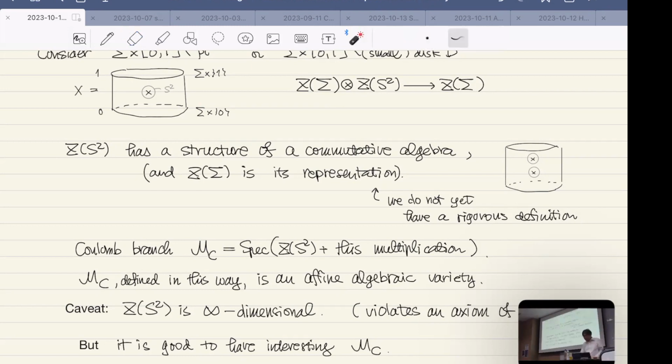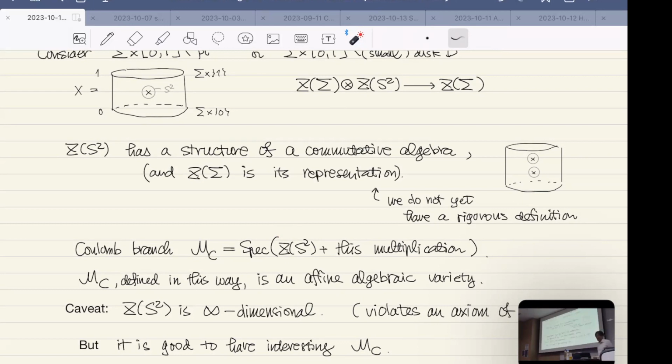So this is the spectrum construction. You can define a space as the spectrum of this commutative ring. In the physical language, an element of G of S2 is a monopole operator, as I mentioned, and monopole operators can be composed, so G of S2 is a ring of monopole operators, and then consider its spectrum. And this is what physicists call the Coulomb branch.